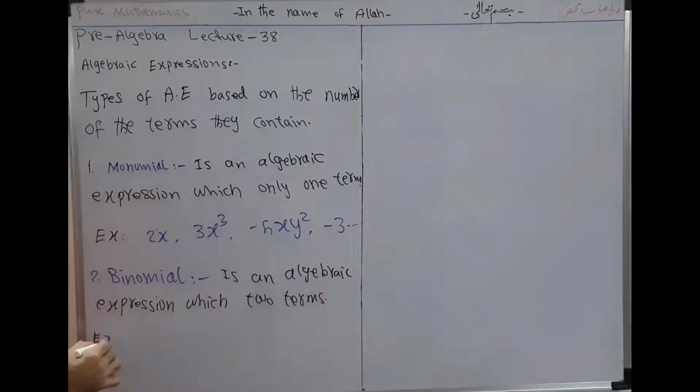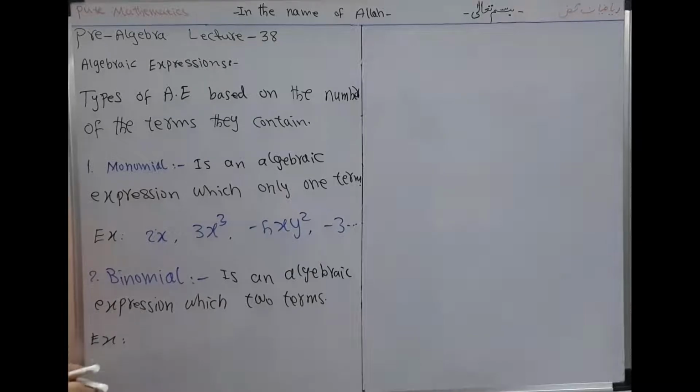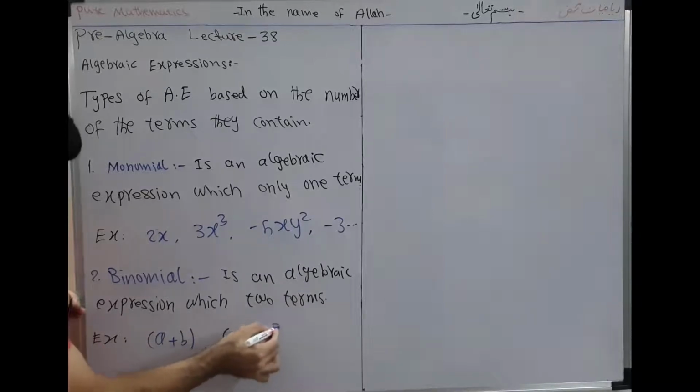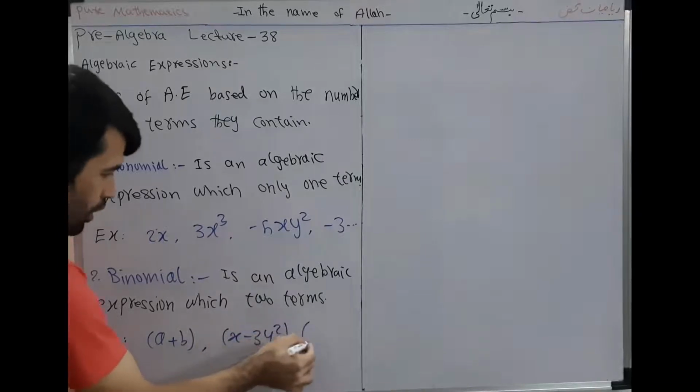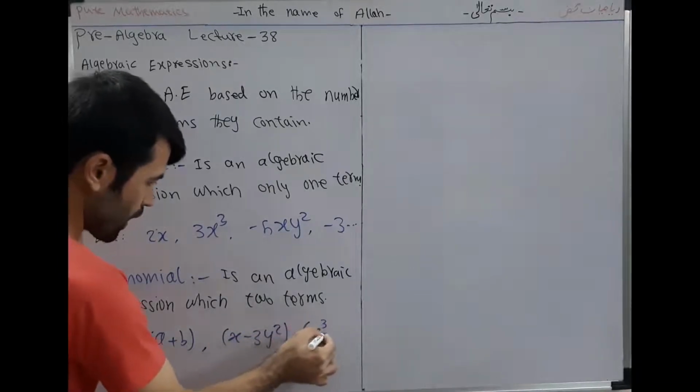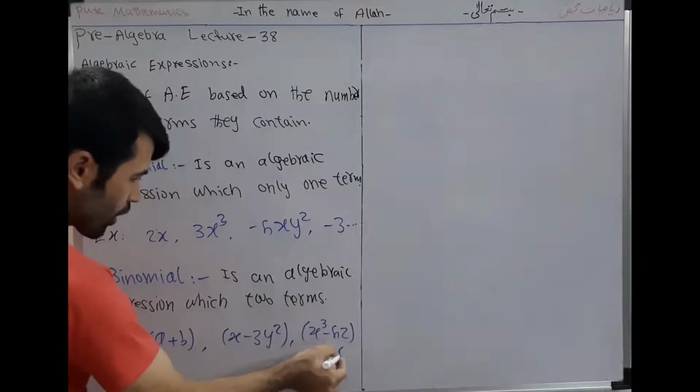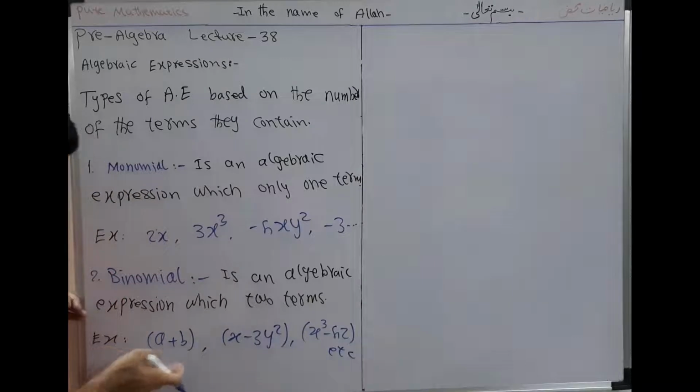Example: a plus b, x minus 3y square, x cube minus 5z, etc. They are binomials because they have two terms.